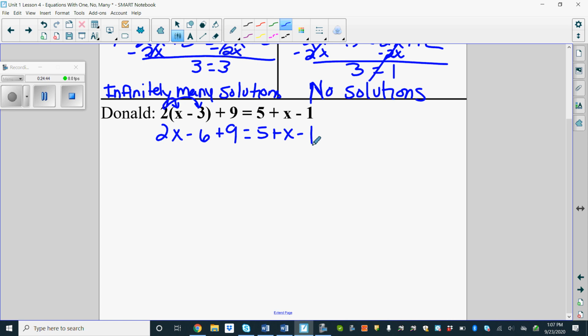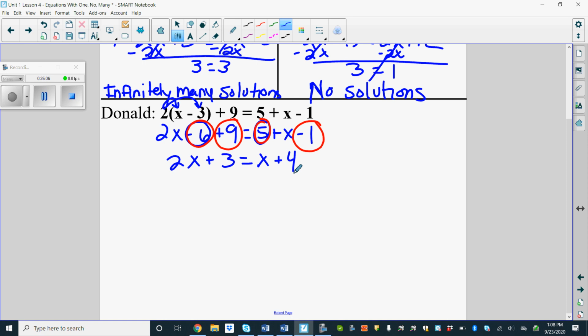We need at least 2 terms on both sides. We can't have 3. So on the left side, we're going to combine a negative 6 and a positive 9. And we're left with 2x plus 3 equals, and then we have 5 and a negative 1. So we're left with x plus 4.